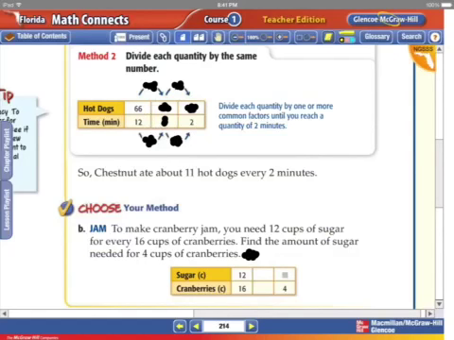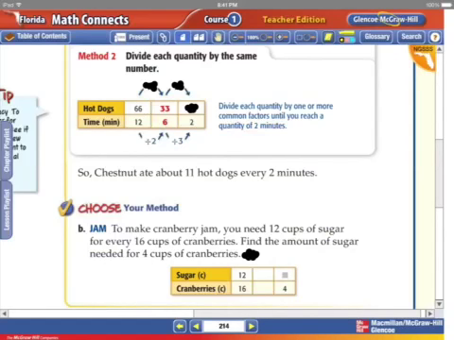So, we're going to think, going from 12 to 2, are we going to multiply or divide? In this case, we're dividing. So, we need to think, what are we going to divide 12 by to get down towards 2? Well, we can start with 2. So, if we do 12 divided by 2, it would give us 6.